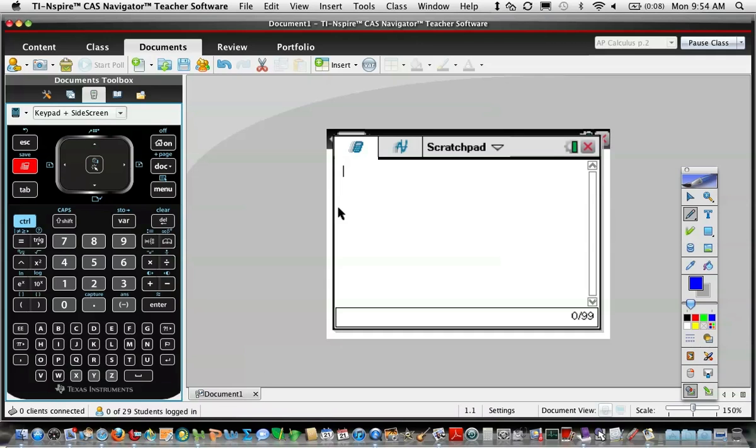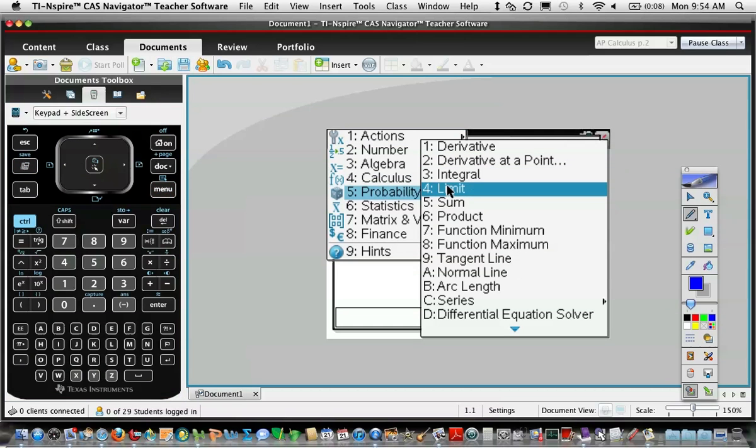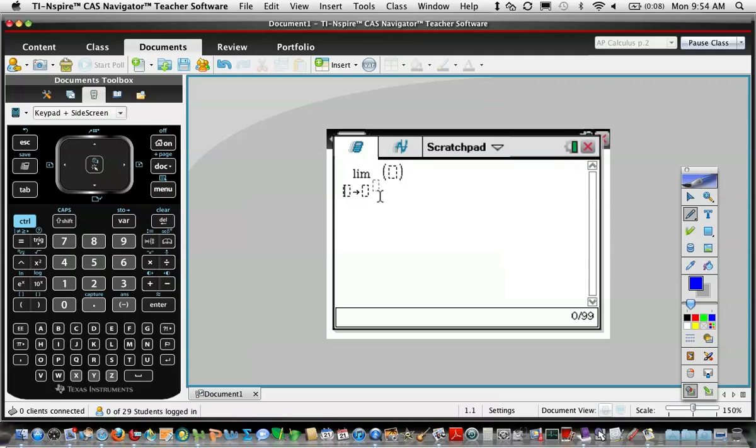It's a nice little check, but it really does you no good. You will get 0 points for being able to do this, okay? But it's kind of cool. If you go to the menu and go under Calculus to number 4, which says Limit, I'm on the calculator screen now, it brings up this thing.